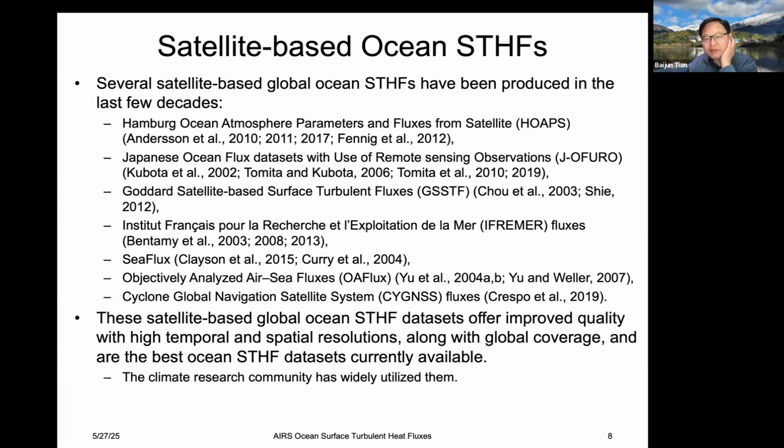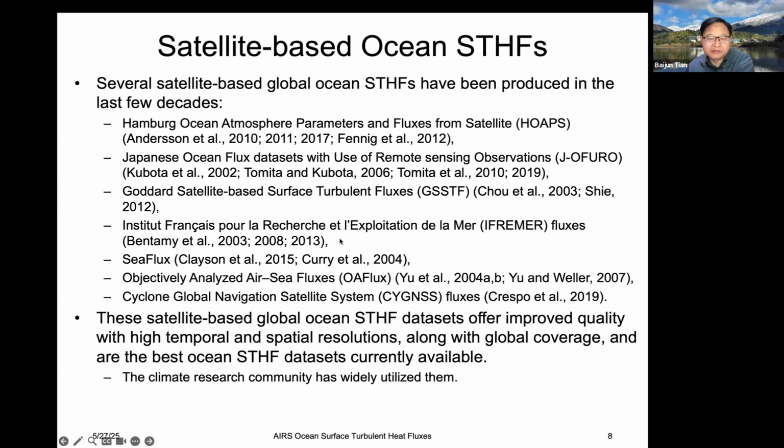For example, one dataset is called HOAPS, Hamburg Ocean Atmosphere Parameters and Fluxes from Satellite. There is the Japanese group's J-OFURO, Japanese Ocean Flux dataset with use of Remote sensing Observations. I don't know how to pronounce that. Also, NASA Goddard has the Goddard Satellite-based Surface Turbulent Flux, GSSTF.